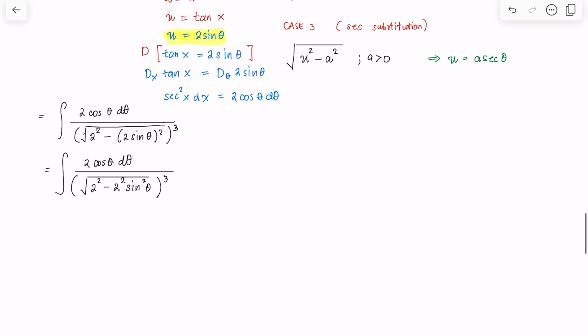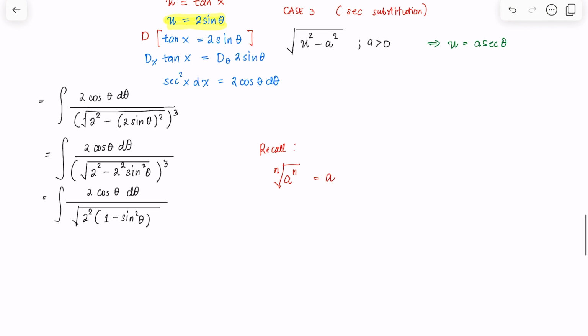Now I'm going to simplify this one. I'm simply rewriting the numerator, and the denominator I can simplify by factoring out 2 squared, so what is left in the radicand is 1 minus sine squared theta. Now, you have to recall from algebra that the nth root of a to the n is just equal to a, and that is something we're going to apply today.